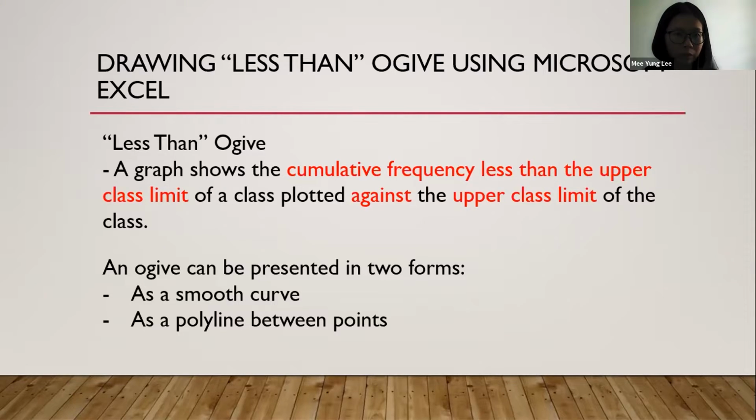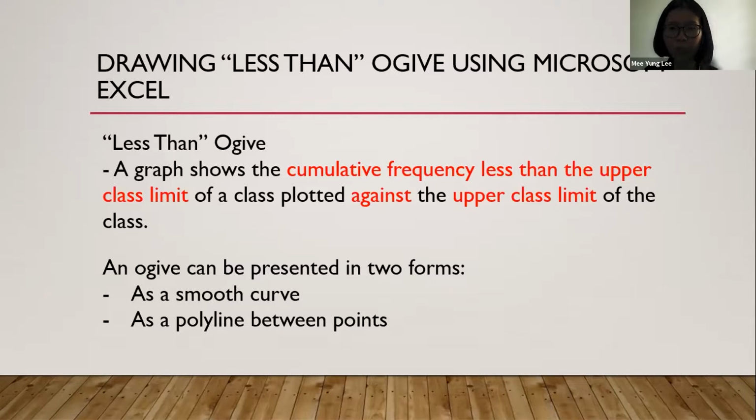So a less than ogive is a graph that shows the cumulative frequency less than the upper class limit of a class, plotted against the upper class limit of the class. Meaning that on the y-axis of the less than ogive we will have cumulative frequency, whereas on the x-axis we will have class limit.